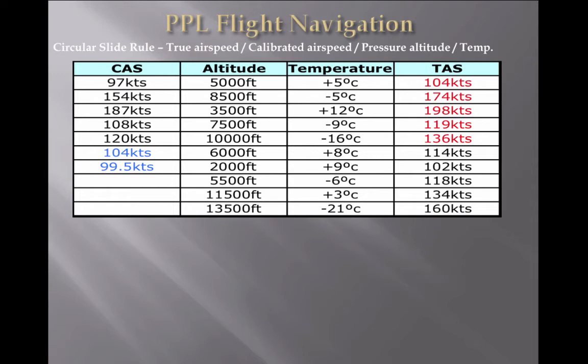5,500 feet with a minus 6 degrees centigrade. And we've got a true airspeed of 118 knots. Now if you've got 110 knots, you've got it nailed.